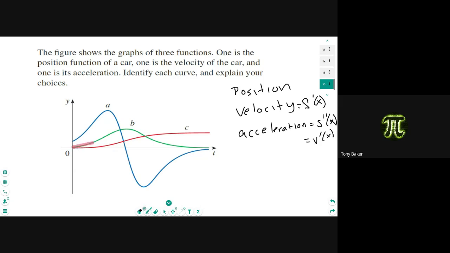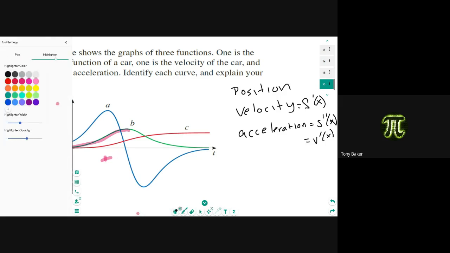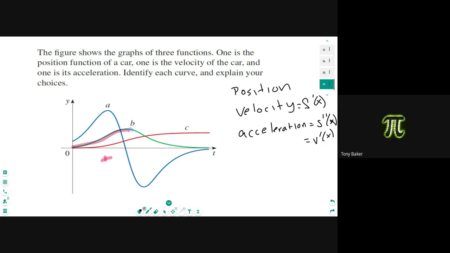What about this equation right here? Up until that point, the derivative is going to be positive. And then after that point, from here to there, the derivative is going to be negative, right?